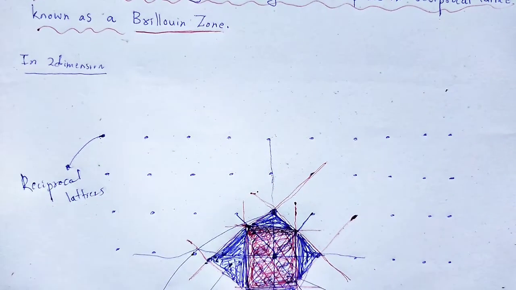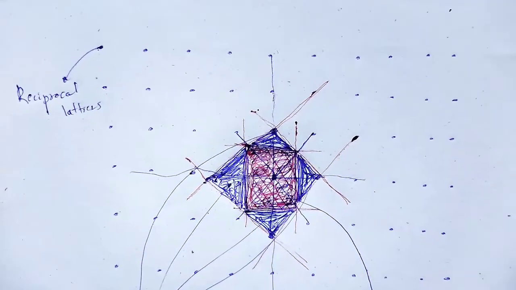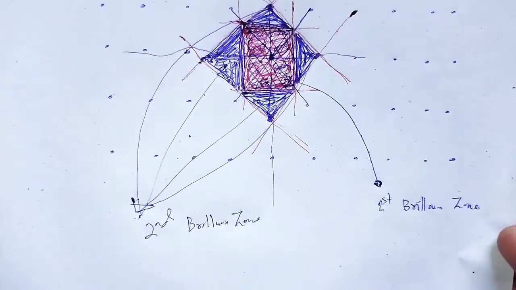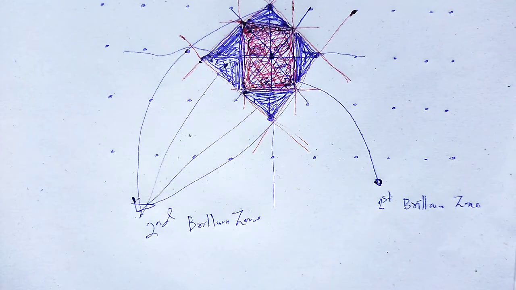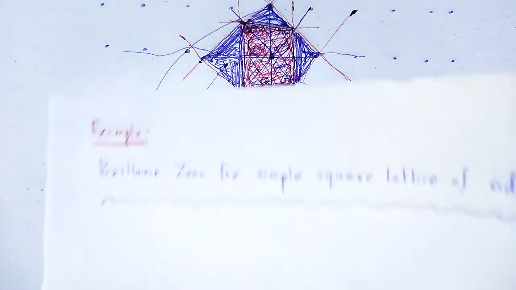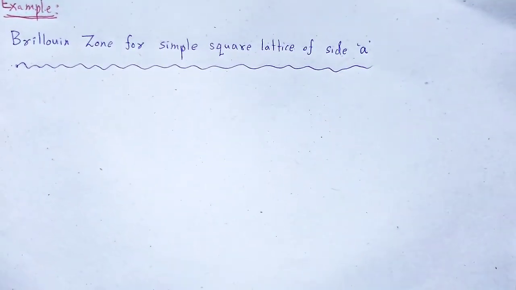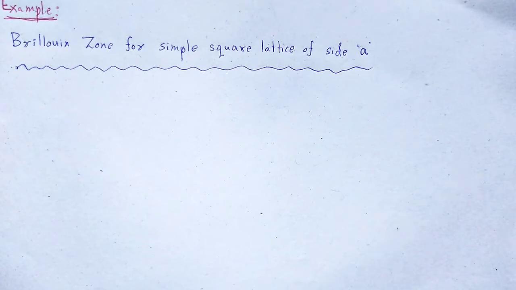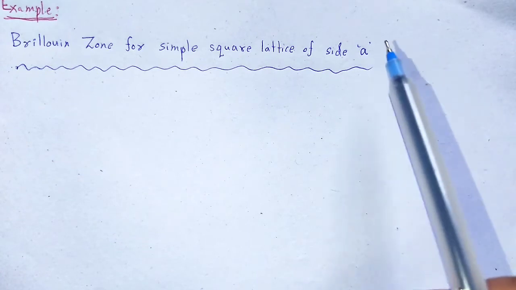Let us construct the Brillouin zone mathematically by taking an example. Example: Brillouin zone for simple square lattice having side a.